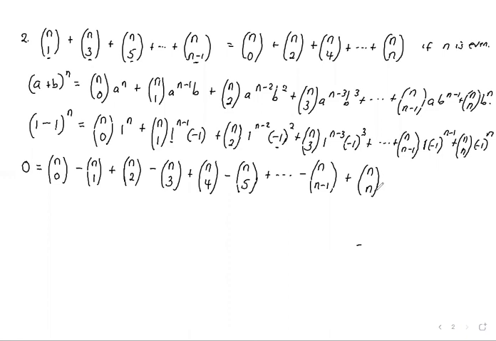You understand that -1 to the power n minus 1 is going to be -1 because this number is odd. Like we have -1 to the power 3. This is just -1 squared multiplied by -1. So we get 1 times -1, which is -1.